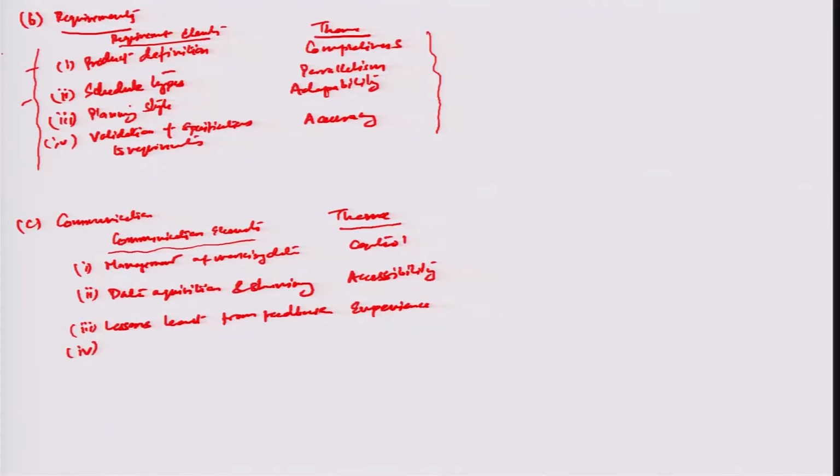The fourth major communication element could be something related to decision traceability. There you can basically talk about legacy issues. For example, who was responsible for a certain decision at a point of time, because of which some particular environment has been created related to the CE environment.